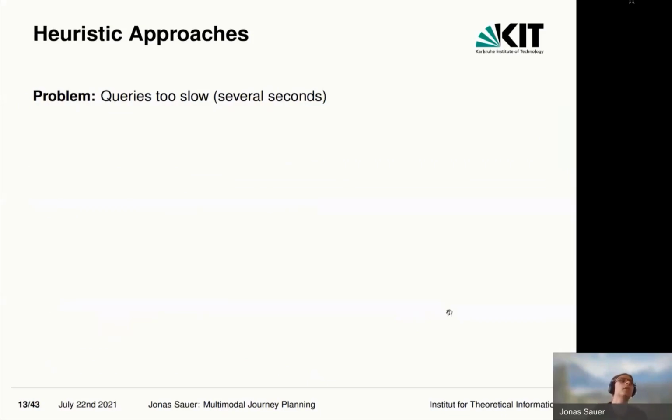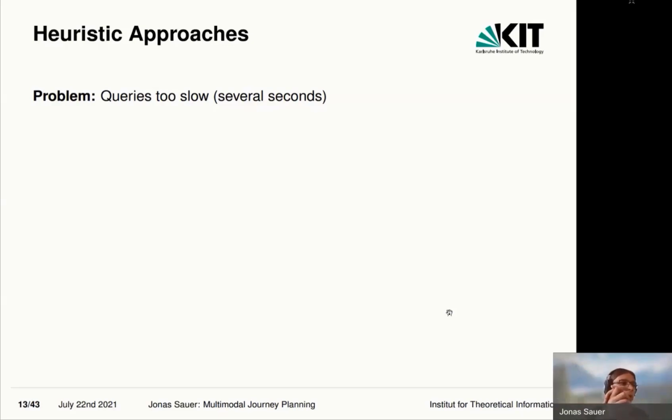Now, the problem with the approach as I described it so far is that the queries are going to become very slow. We're talking about query times of several seconds, even if we only optimize 3 criteria, because I will show you some numbers later, but if we optimize arrival time, number of transfers, and walking time, and we do that on a multimodal network, the number of Pareto optimal journeys becomes huge.